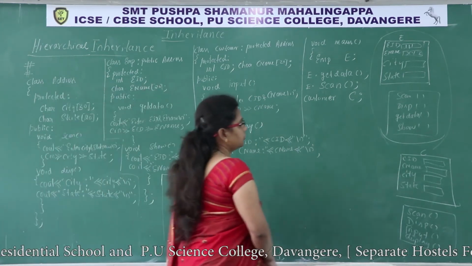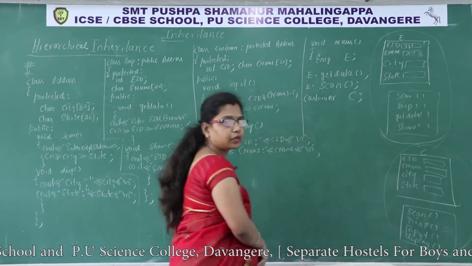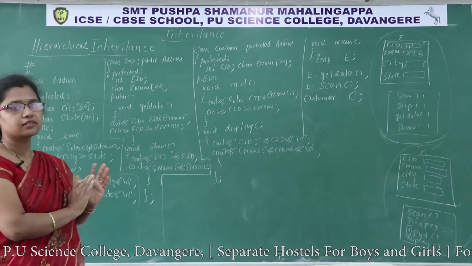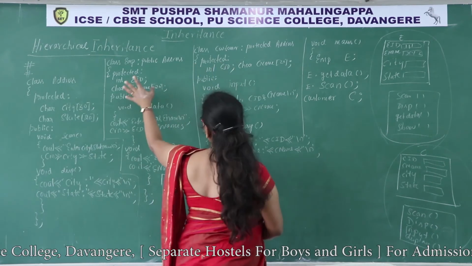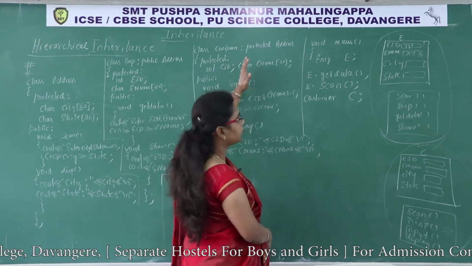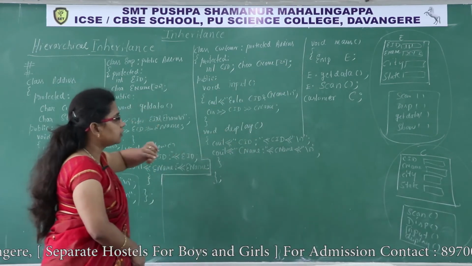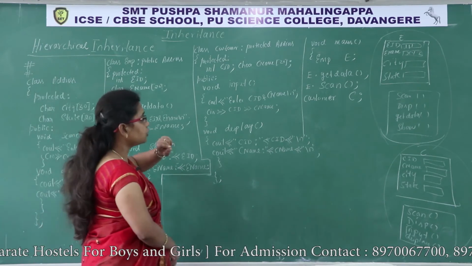Now the object C can access these functions. Okay. Then how to access? Because the mode of inheritance is different. In protected mode of inheritance, base class protected and public members are inherited to protected section of the derived class. Now I want to read customer detail first, customer name and customer ID. Which function is there?